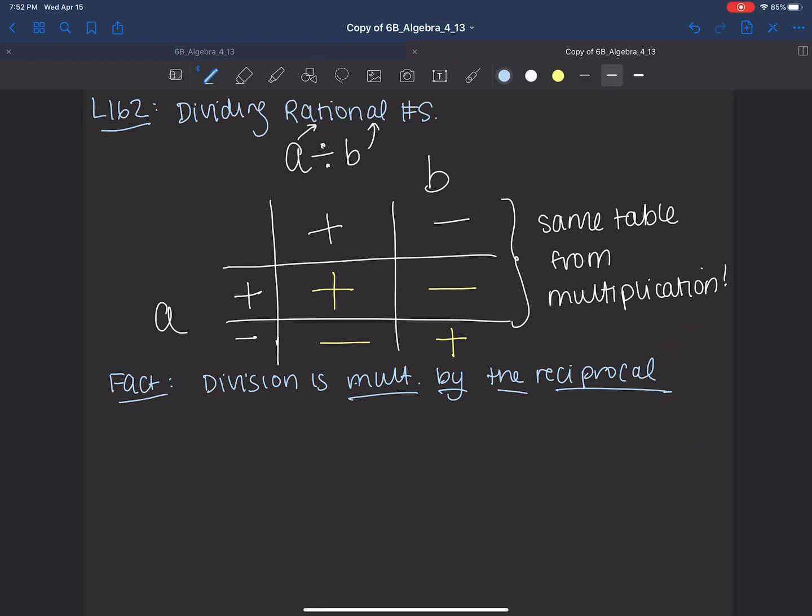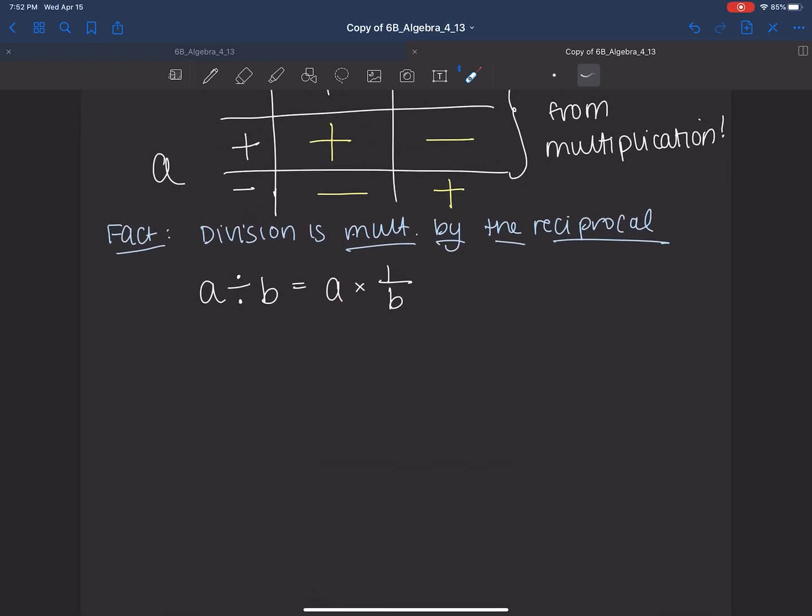Okay? So a divided by b is the same exact thing as a times 1/b. And when I take 1/b, I don't change the sign of b at all. So if the sign of a is negative and the sign of b is positive, for instance, I use the same table because I end up doing multiplication. Okay.